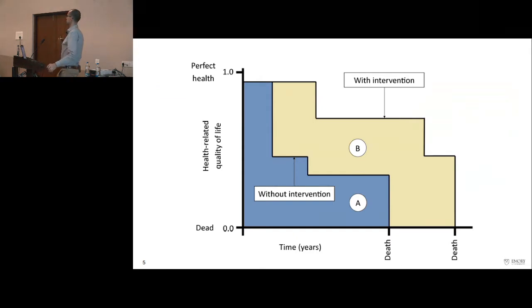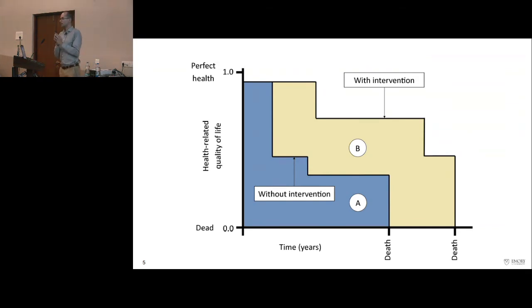So you can think of a QALY as a two-dimensional metric. On one axis, we have time. Time the person is alive. Starts at some point until death. And the other dimension is quality at each particular time in life.